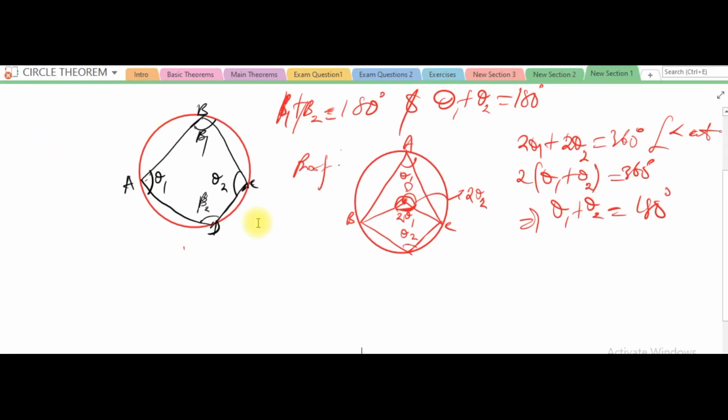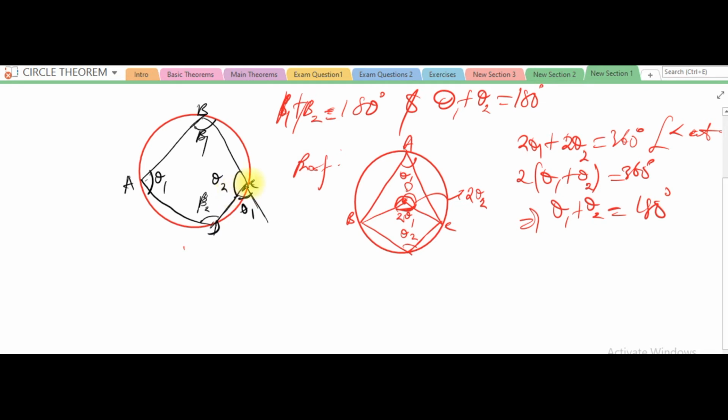There's one extra theorem for cyclic quadrilaterals. You notice that if here is theta 1, here is also theta 1, because theta 1 plus theta 2 is 180, and this is a straight line. Here should be theta 1, because if you add the two again, the answer is 180.